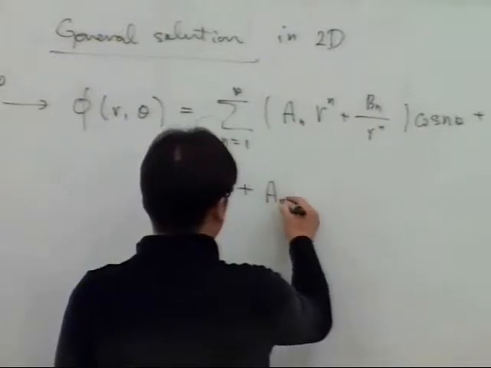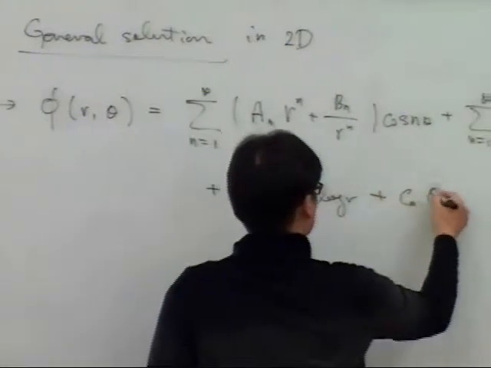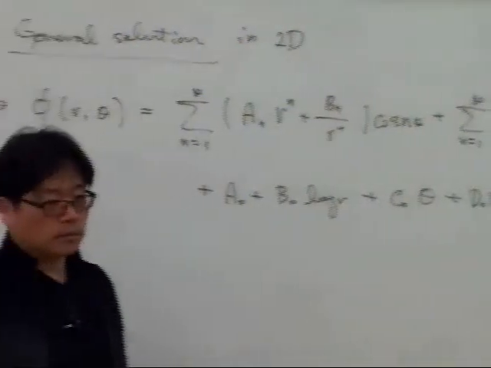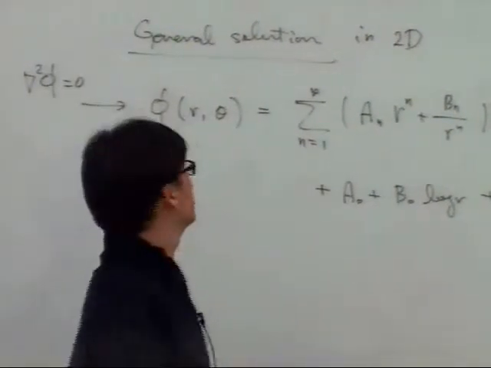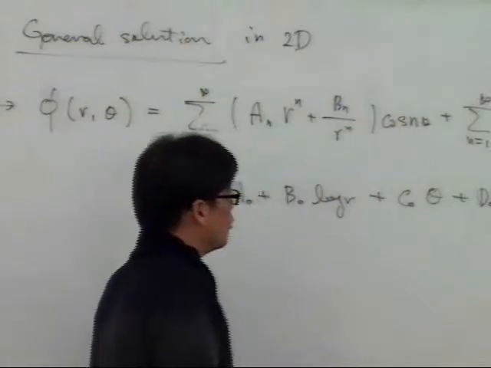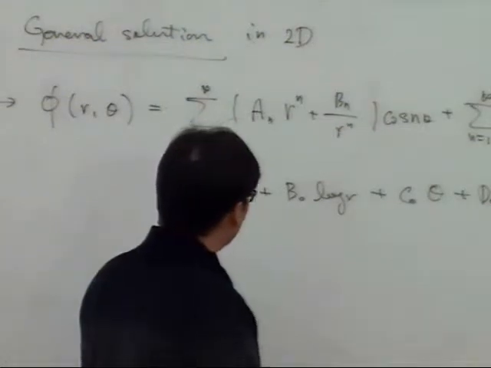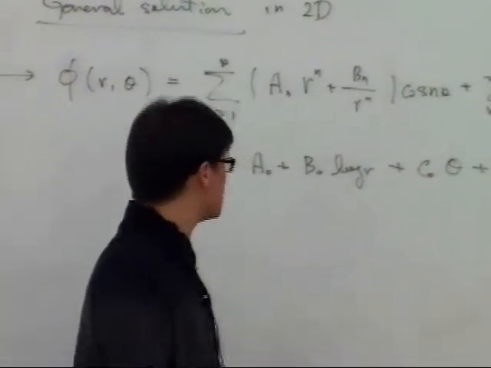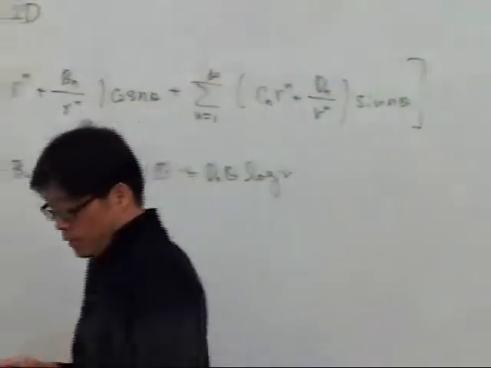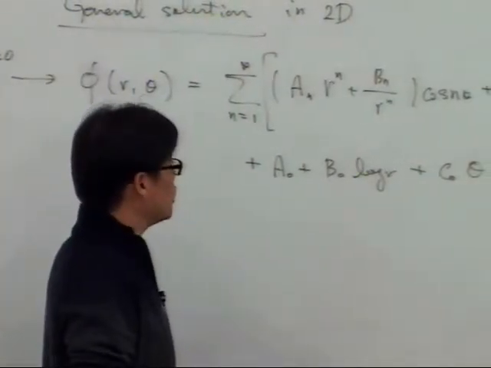And then we had, probably, the coefficients that I am writing here might be a little different from what I wrote before. But anyway, basically, we have a combination of many terms, and this is an infinite series. And last time, we dropped some of the terms by imposing boundary conditions at infinity.